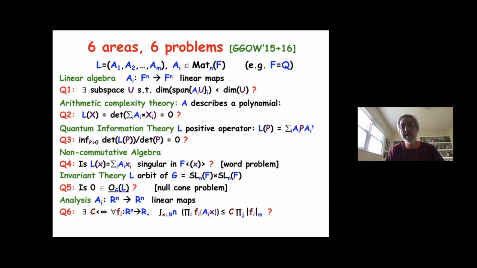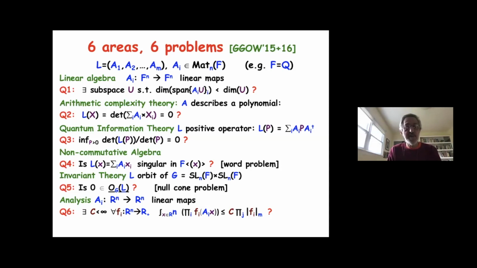But in fact, tuples of matrices, or tensors, it's the same as a tensor, arise in all sorts of fields. And in fact, you can ask natural questions in these fields about these tensors. Not only can you ask, these problems were being asked. And in some cases, they are very important problems in these fields.